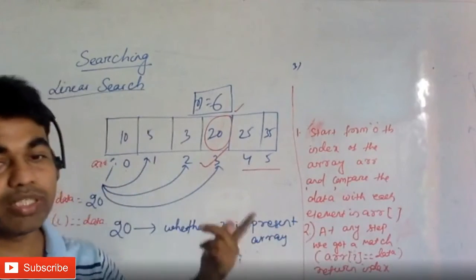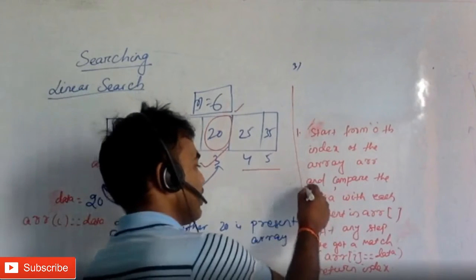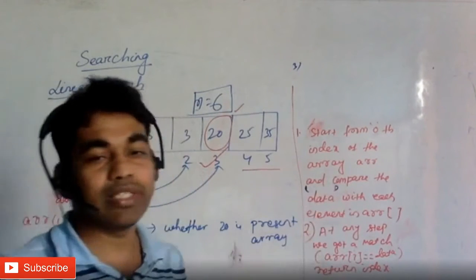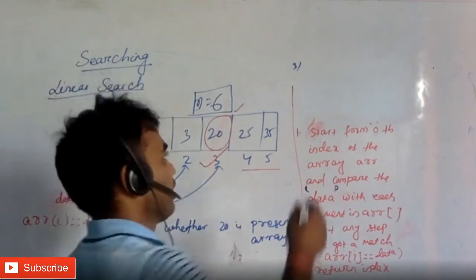But if you did not get any match, that means this data did not match with any element, then you need to return -1.